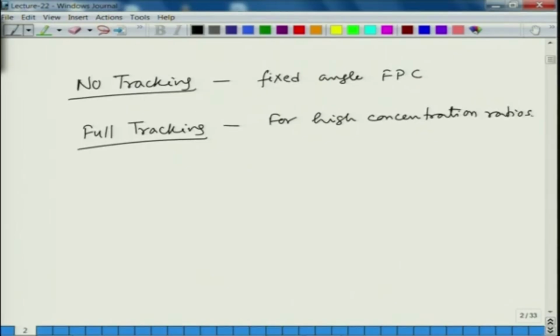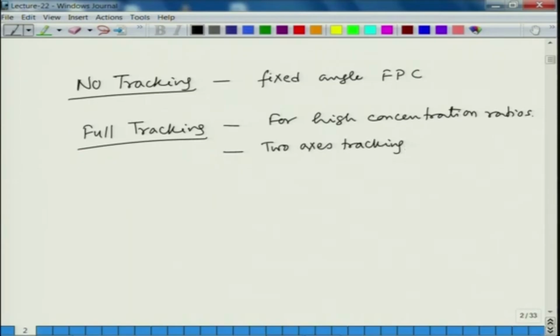And for this full tracking, what do you need? You need 2 axis tracking, 2 axis motion, because the apparent motion of the sun has 2 different orientations that change.